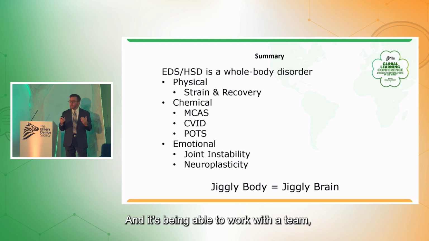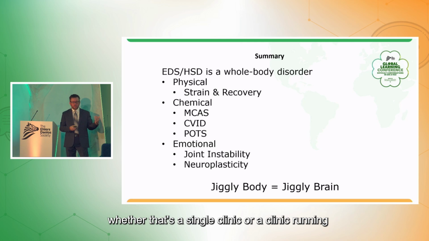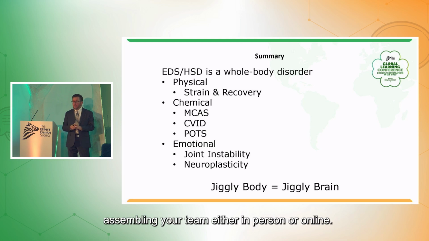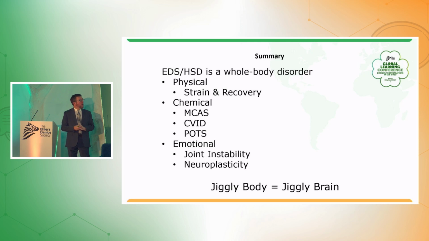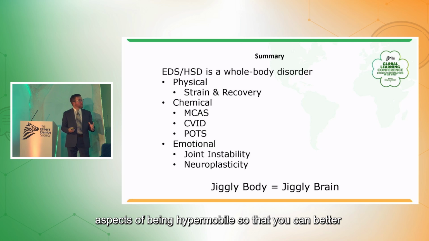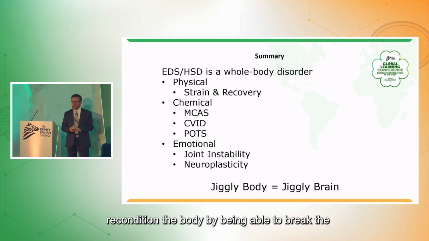And it's being able to work with a team, whether that's a single clinic or a clinic running point that is helping guide your care, or you assembling your team, either in person or online, being able to address the physical, chemical, and emotional aspects of being hypermobile so that you can better recondition the body.